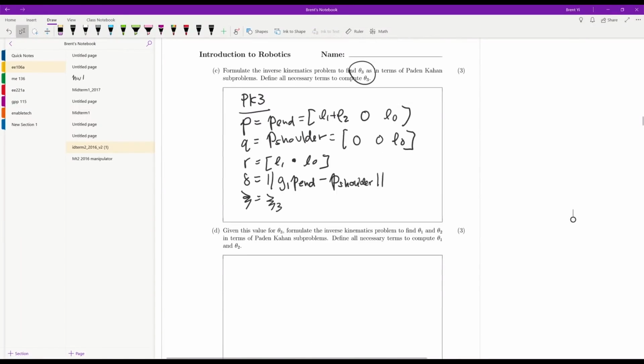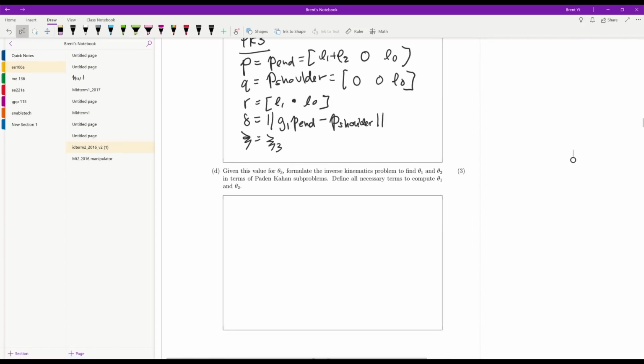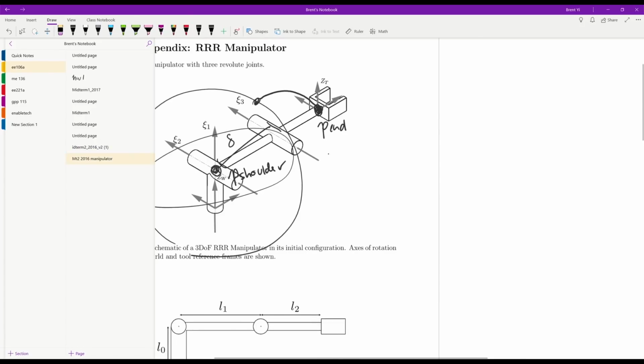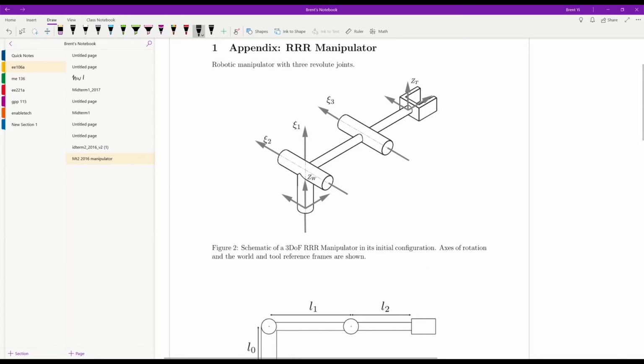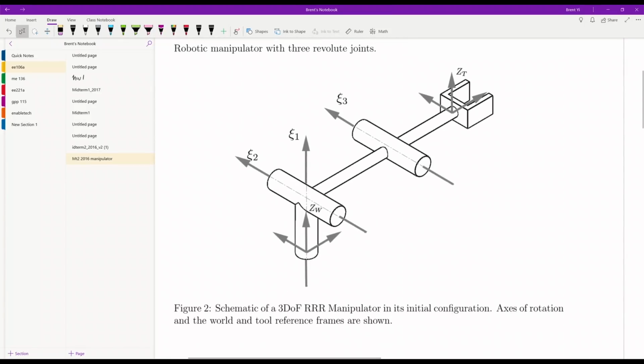Now we know theta 3. And we want to somehow use that to compute theta 1 and theta 2 for part D. So let's again look at the diagram. Clean up a little bit. And we see in this diagram, one thing that's pretty clear is that axis 1 and axis 2 intersect each other at a point.